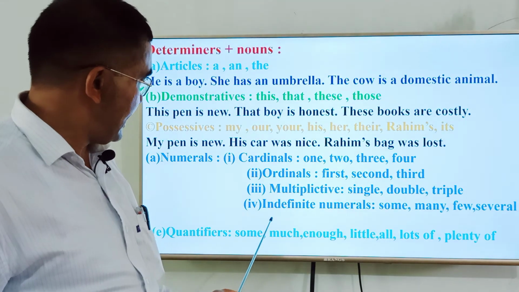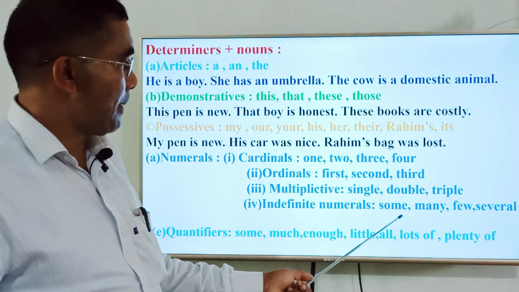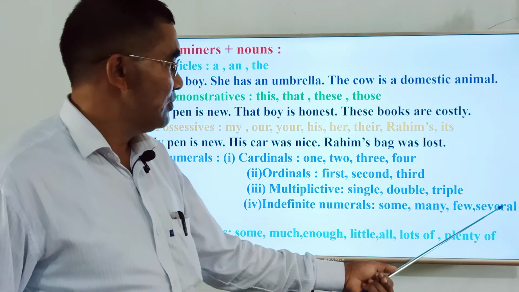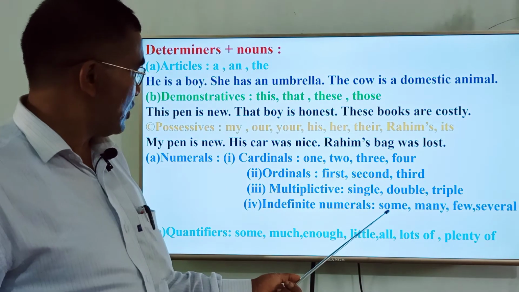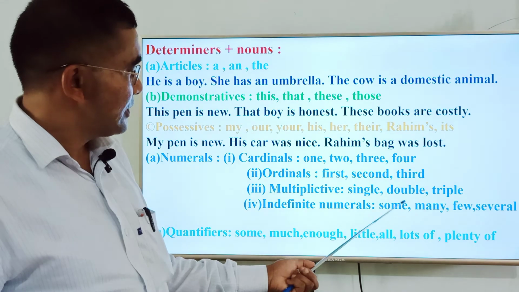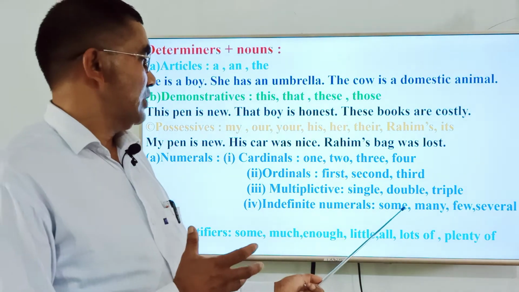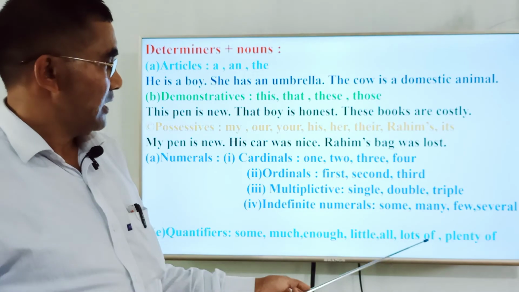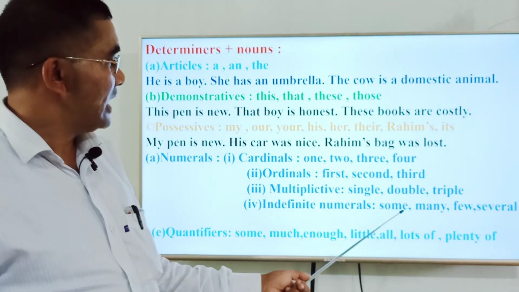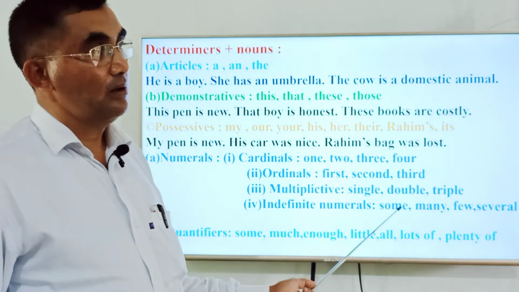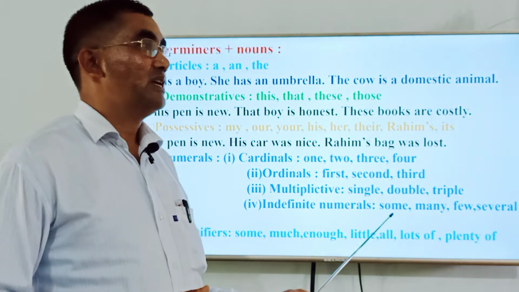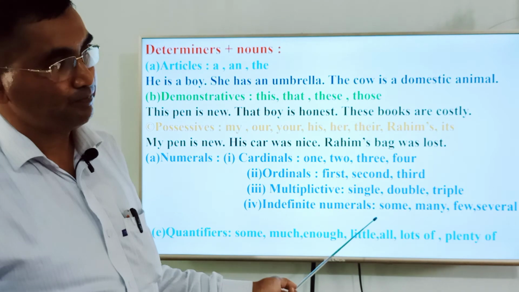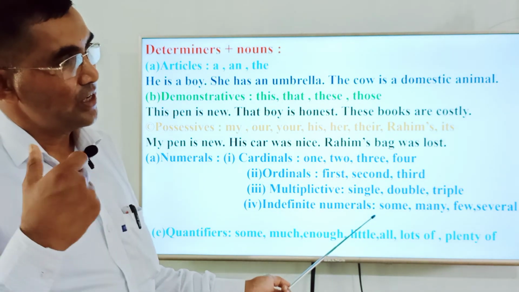Then indefinite numerals: some, many, few, several. There are also indefinite numerals, because when we use these words before other noun words, they will give the number in its inexact form. That means they will not give us the exact number.